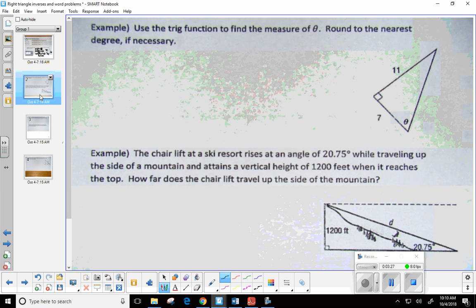Okay. So how am I going to label this? We know that theta's right here. Can somebody tell me how to label the different sides of this triangle? Yeah, the hypotenuse. Awesome.